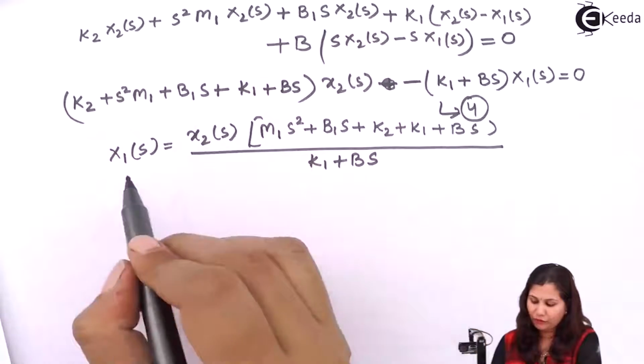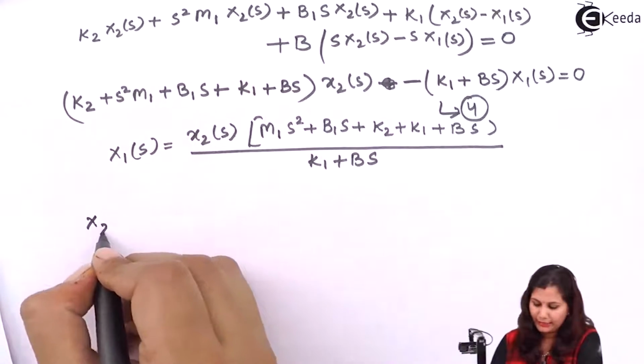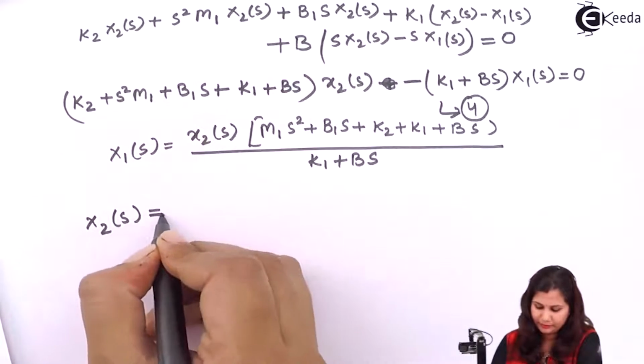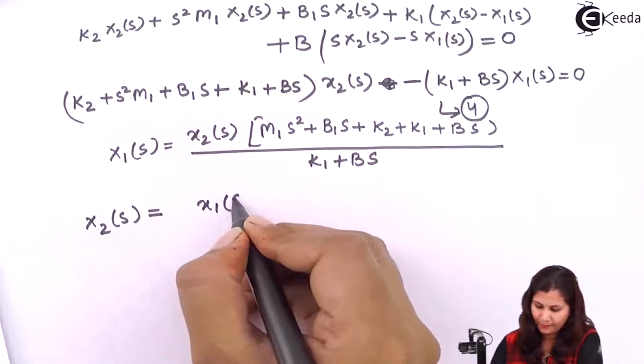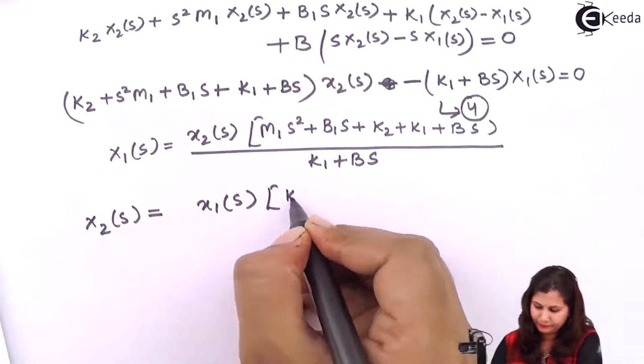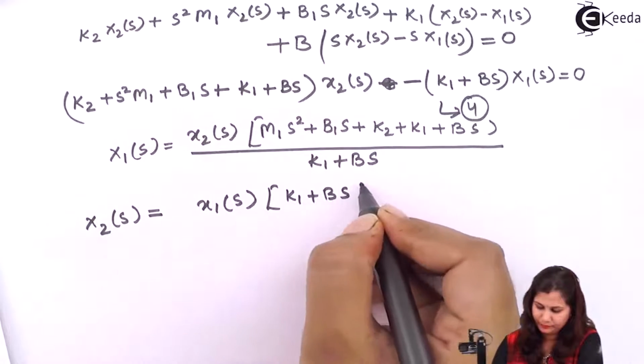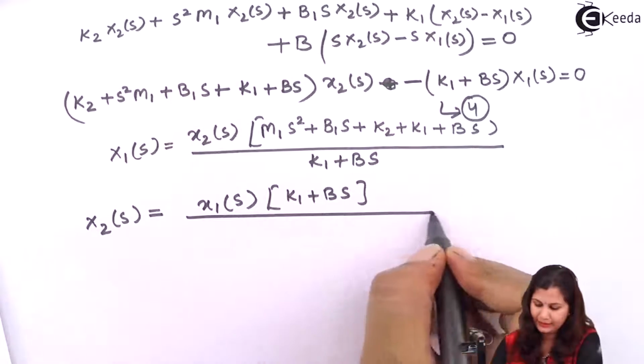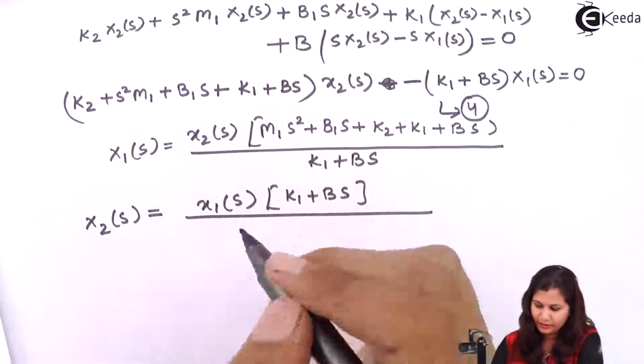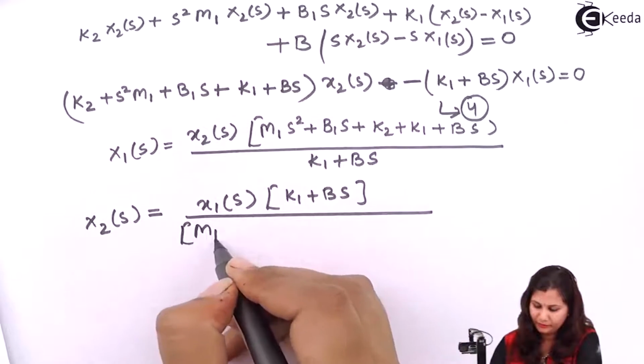Okay, so we have got X1(s), and for X2(s) we will multiply this term here and this term will come in the denominator.